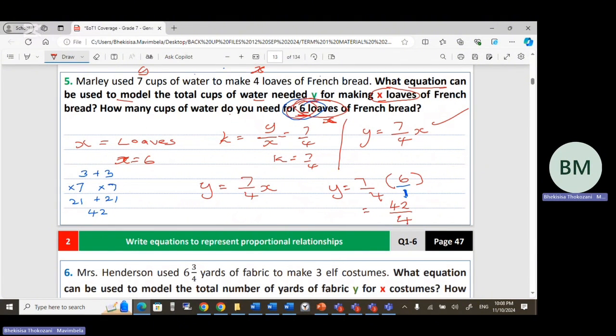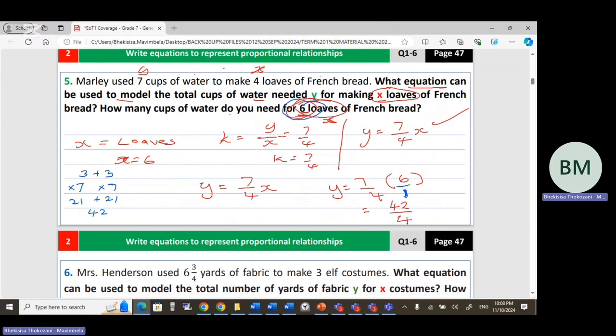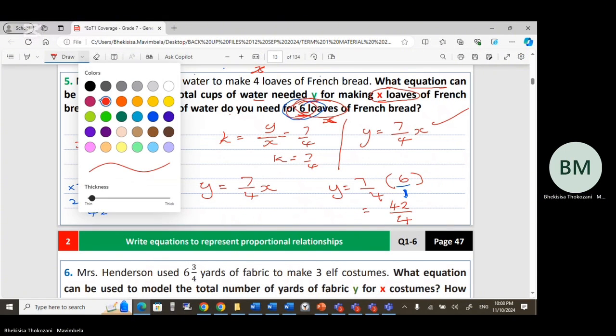divided by 4. Okay. And again, this can be simplified. So we can just ask ourselves how many 4s go into 42. Let me just expand again here to make it easy for you, because remember, you'll not be using calculators.